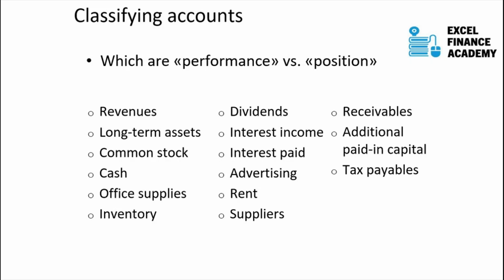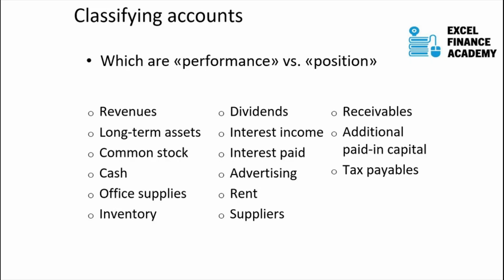Long term assets, position. Interest income, performance. Additional paid in capital is position, because the paid in capital will stay there, right? Common stock, position. Interest paid, performance. Cash? Cash is your position account. Advertising, performance.